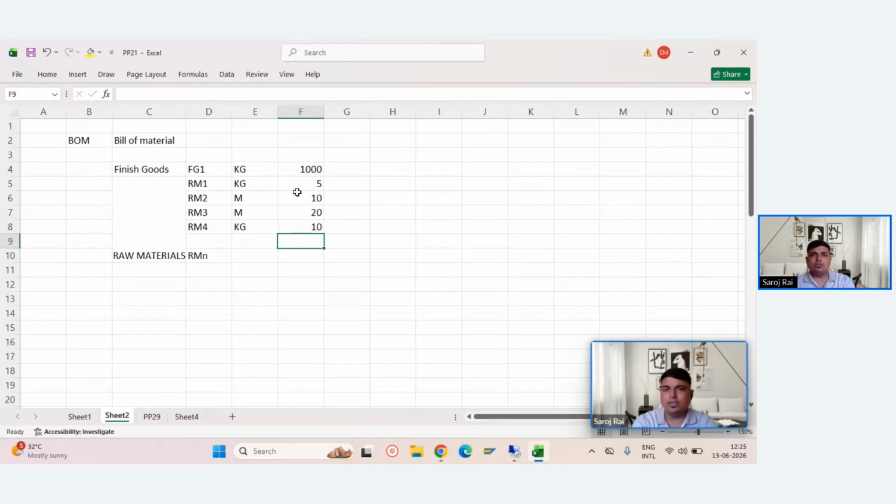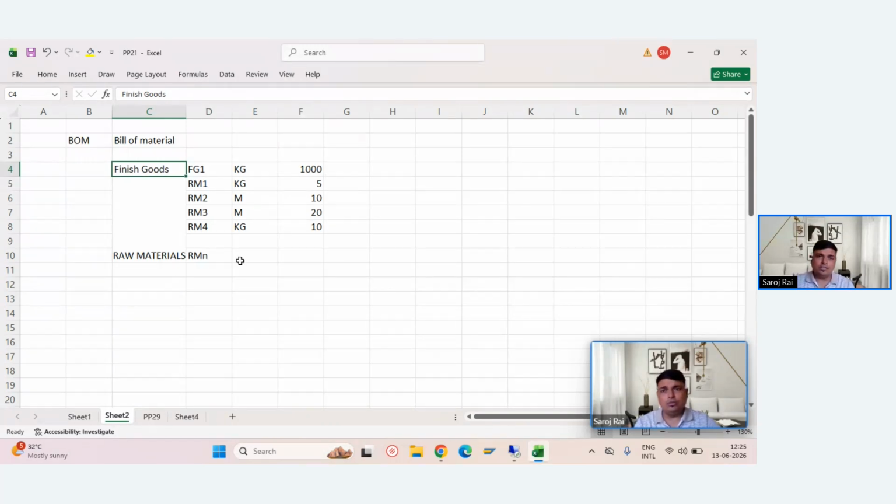So if my finished good is FG1, raw materials are RM1, RM2, RM3, RM4, and the unit of measure for this FG code is kg. The raw materials' units of measure are kg, meter, meter, kg.